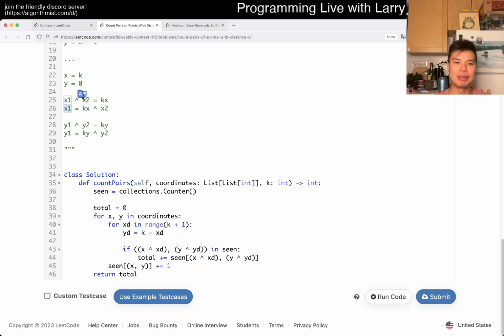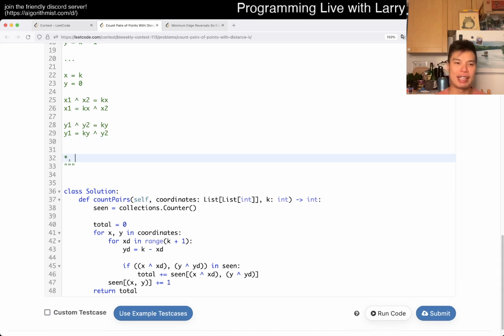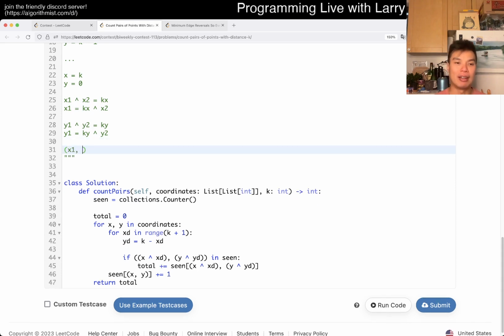So x1 has to be this number if we're given this case of x. y1 has to be this number given this case of y. So now we're just trying to find, I missed a step, the coordinates of x1, y1 and count the number of them. That's what I do here. This is the XOR, this is x1, this is y1, and then we do an addition to do the math.